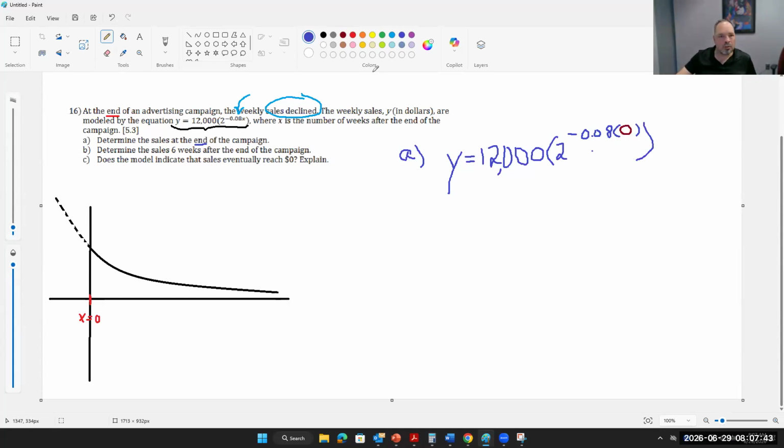And the first thing you'll want to notice is these are equal to 0, right? Anything times 0 is 0.